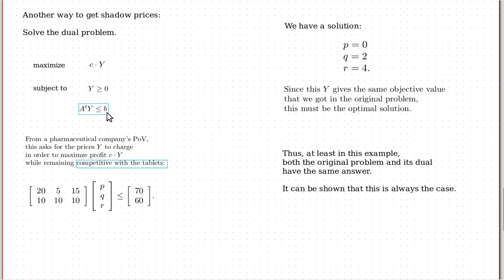And then this second constraint, A transpose Y is less than or equal to B. Here I've written it out in more detail so you can see it a little better. A transpose is this, and when we multiply A transpose times the prices, or shadow prices PQR, what we're picking up again is the first row represents the cost of the vitamins equivalent to the first pill, right?